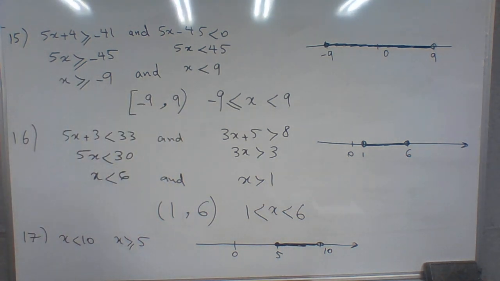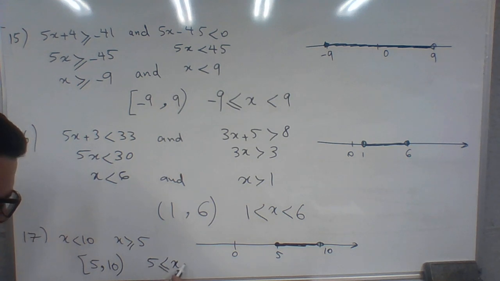Between 5 and 10. So bracket 5, comma, 10, parentheses. So it means that greater than or equal to 5 and less than, just strictly less than 10. And the inequality is x greater than or equal to 5 and less than 10. Okay, that was number 17.